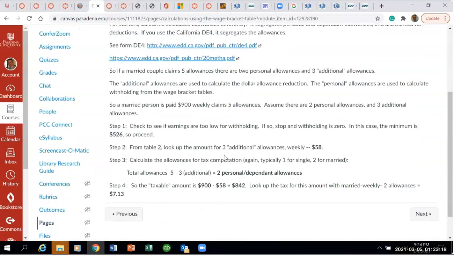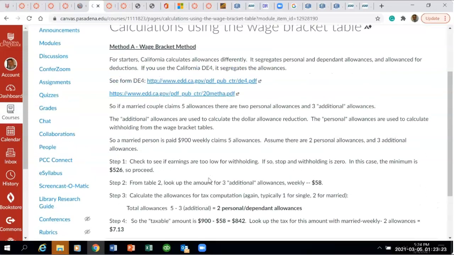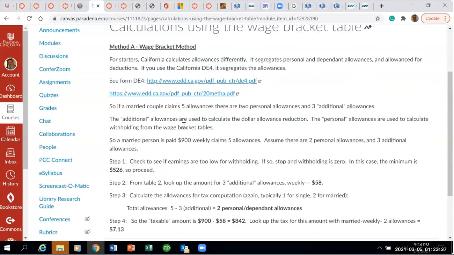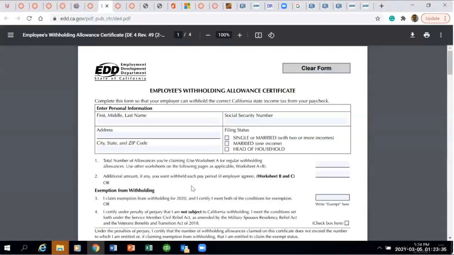I didn't go through this calculation, and I don't remember if I did it or not. But let's see if that is the page. No, this is the DE 4. You complete this because for California you need allowances.